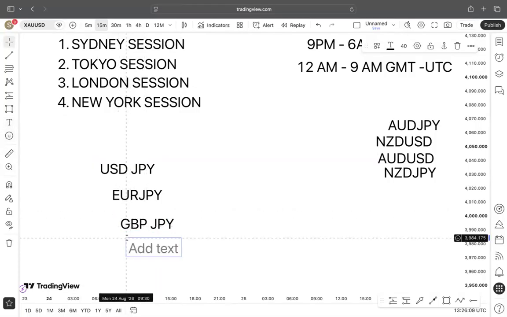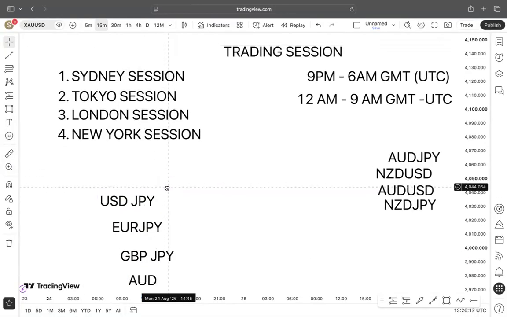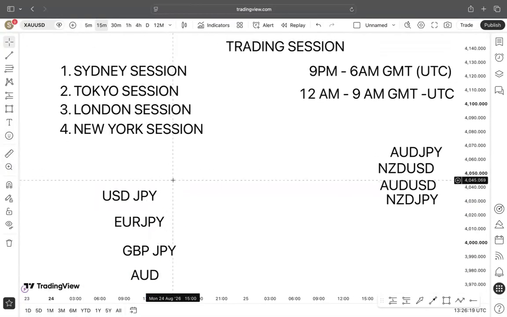And then for the Sydney session, sorry, I said JPY when I was explaining the Sydney session, but that's not so accurate. The pairs that are active during the Sydney session are usually the New Zealand dollar and Australian dollar, so AUD and NZD.